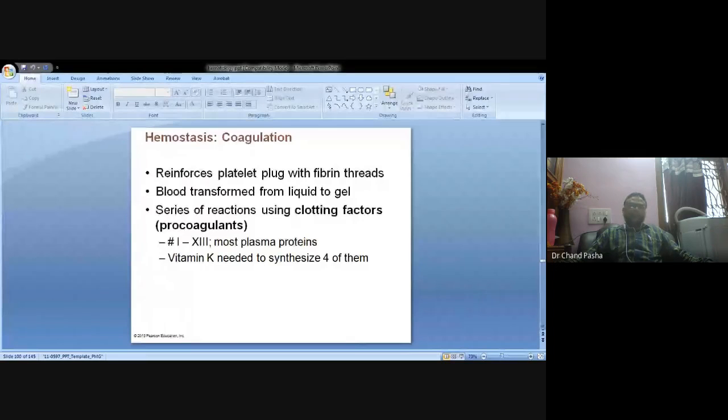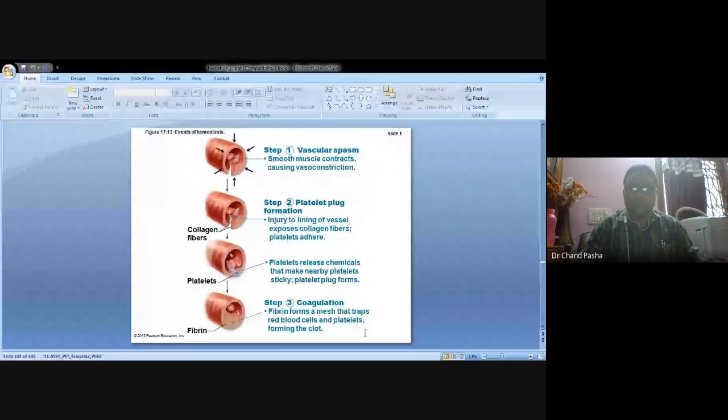And vitamin K, you know that for blood clotting vitamin K is required, and vitamin K is essential for synthesizing four of these procoagulants or cofactors or factors. Actually, vitamin K works as a cofactor, and it is required for the synthesis of four coagulants. So it is a very important thing.